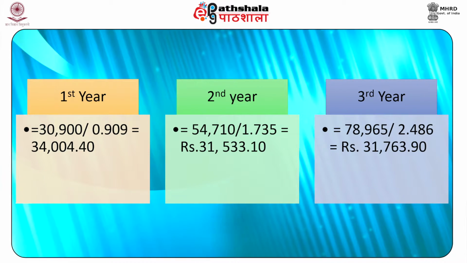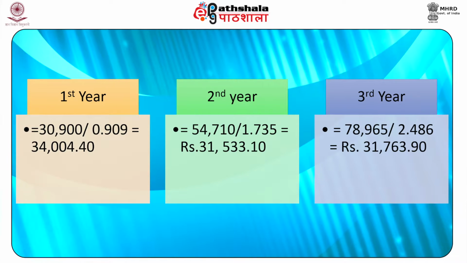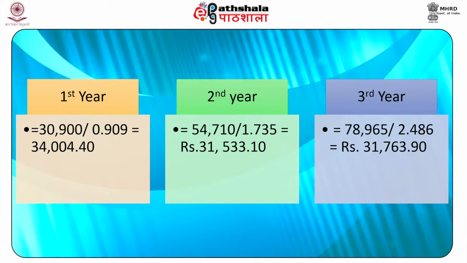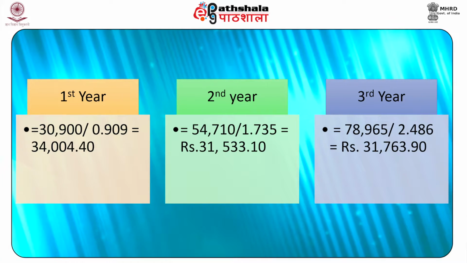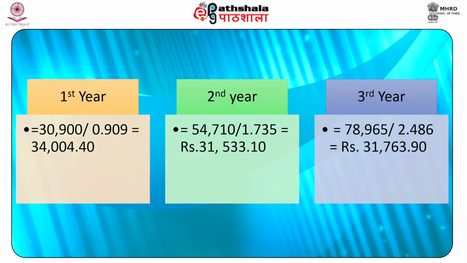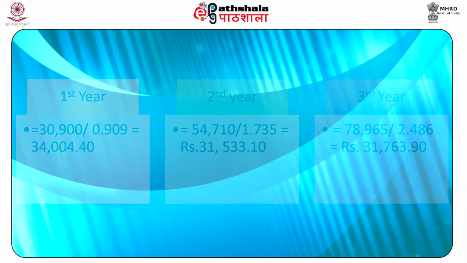While in the third year, it will be equal to 78,965 divided by 2.486, which will be equal to around 31,764 rupees. Therefore, the machine should be replaced after the second year.